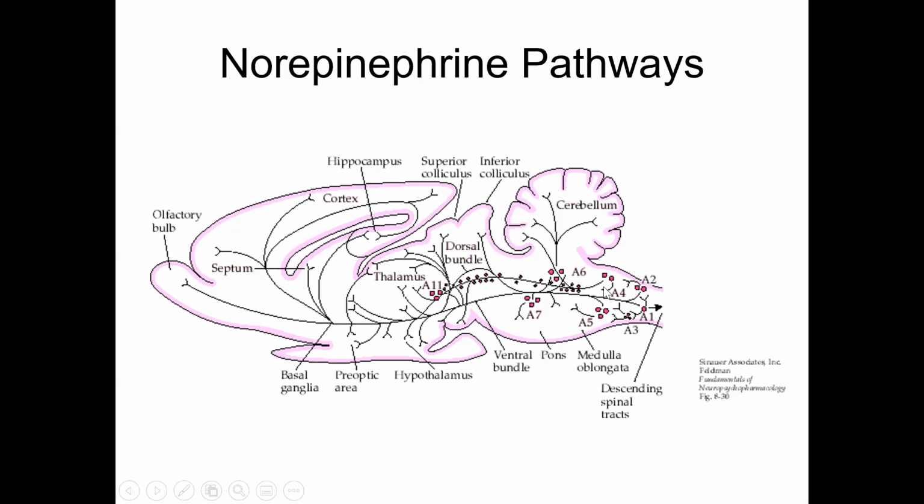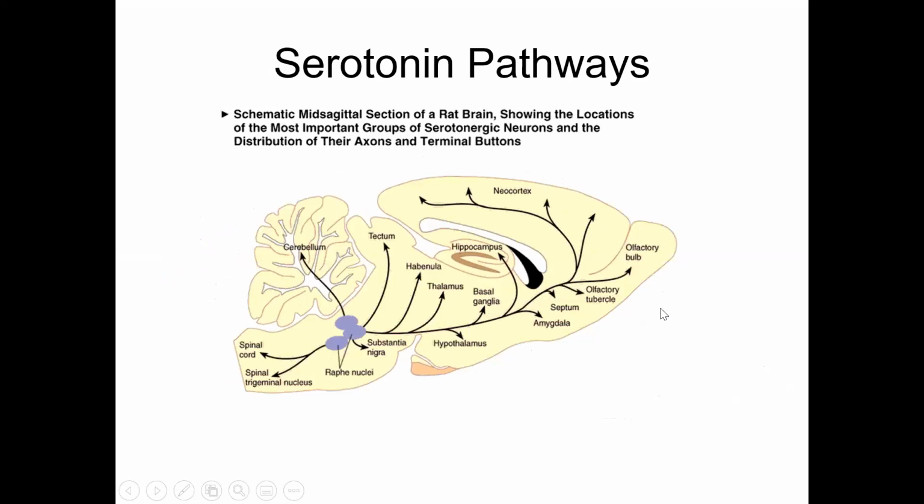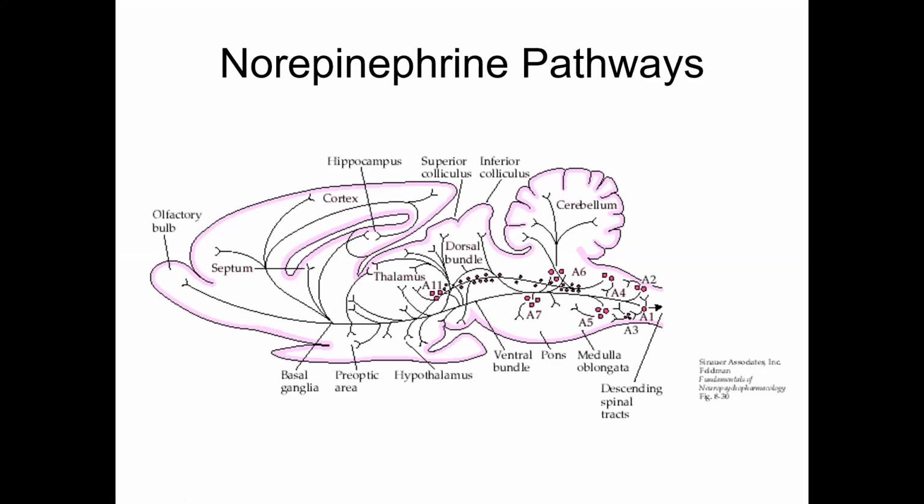One is, just like A1, it will project down into all three levels of the spinal cord, into substantia gelatinosa of the dorsal horn.